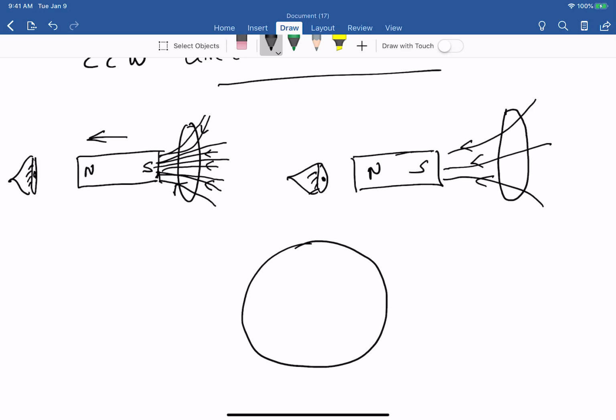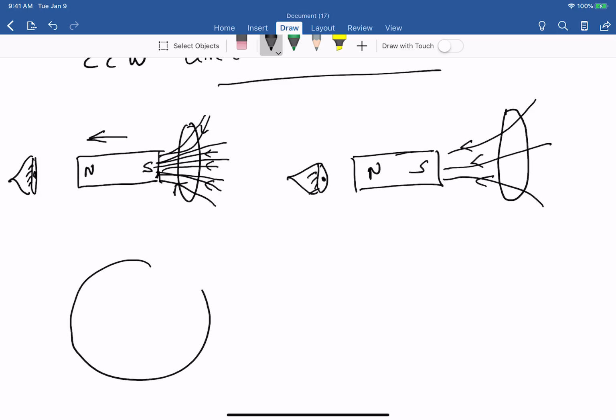So initially, the magnetic field looked like this. Let me just move this diagram over here. Initially, the magnetic field over the loop looked like this. The magnetic field lines were coming out of the page, and they were strong.